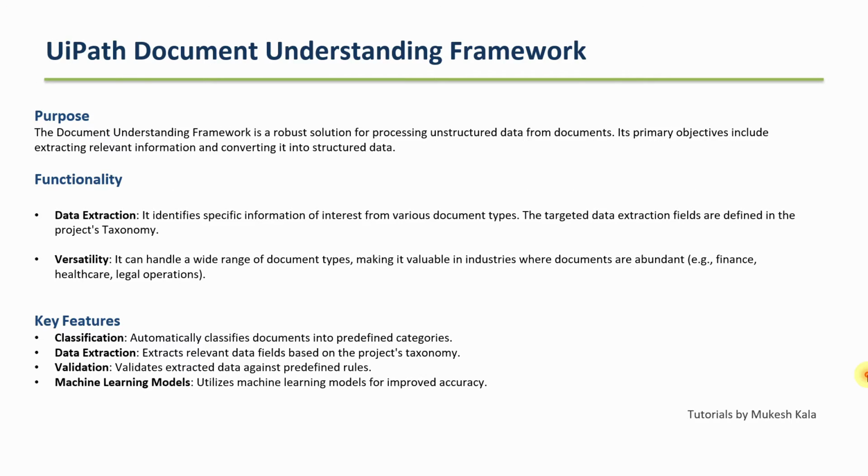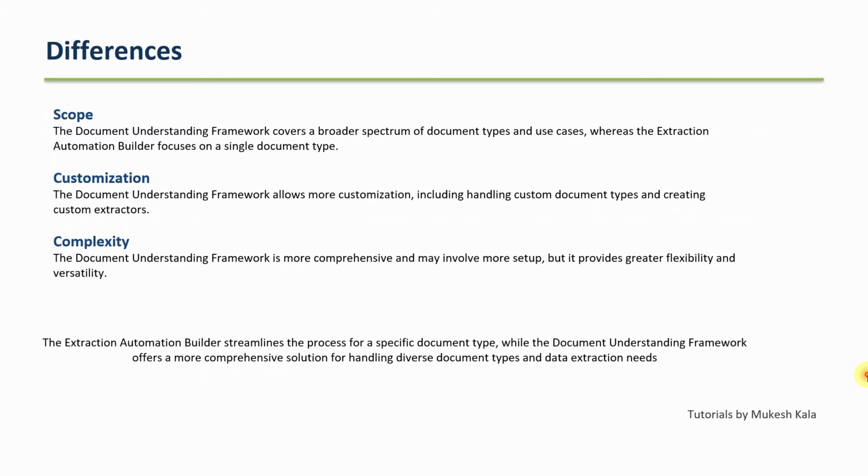Okay. Now, what is the difference? If I just talk about the differences, please focus a little bit here. The document understanding process has a broader spectrum of document types and use cases, whereas the extraction automation builder focuses on a single document type, right?